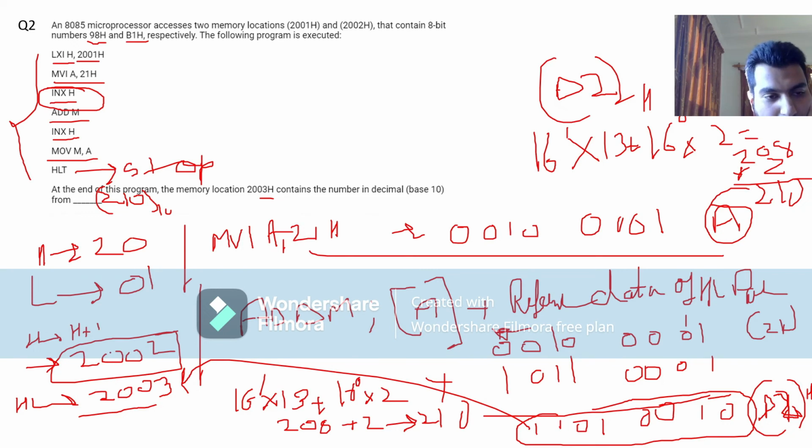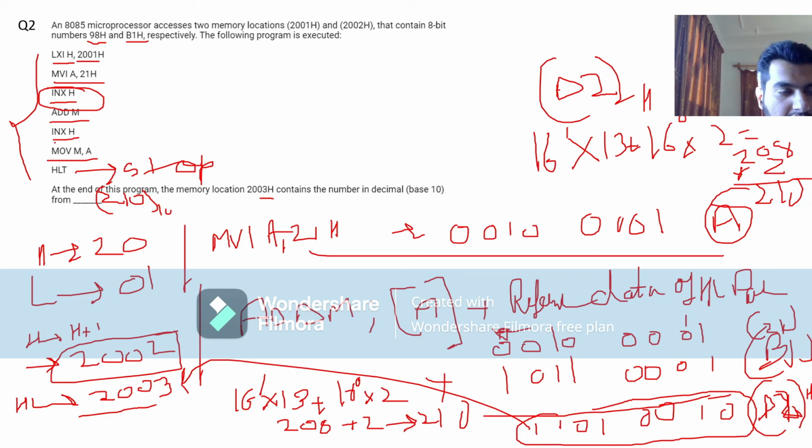So 2001 becomes 2002, and then we have the instruction ADD M. What it does is add the contents of the memory location referenced by the HL pair to the accumulator. HL is here 2002, and the data at 2002 is B1 hex. So B1 gets added to 21 hex. After the addition of B1 to 21 hex, our result is D2 hex, which gets stored in the accumulator.